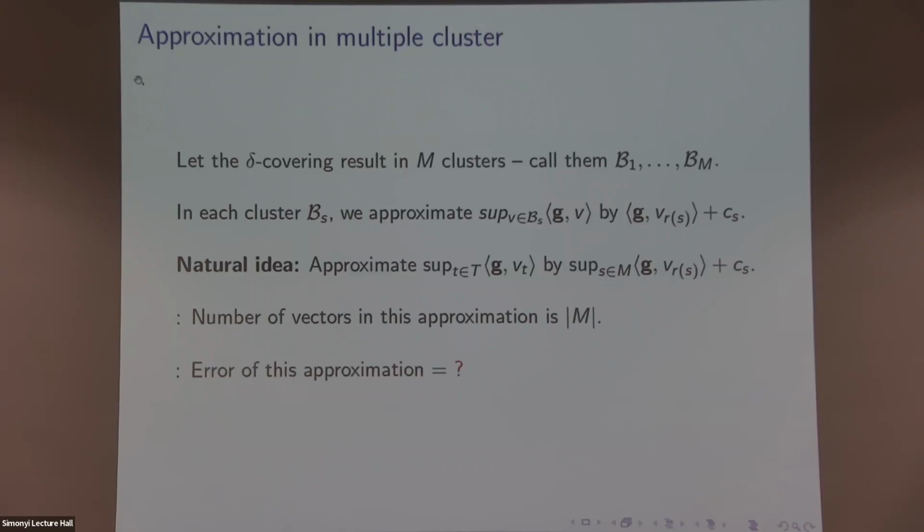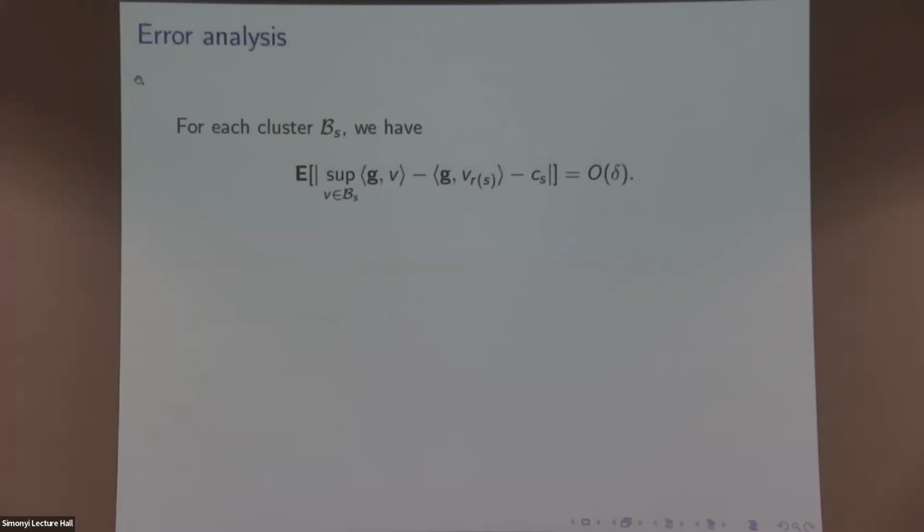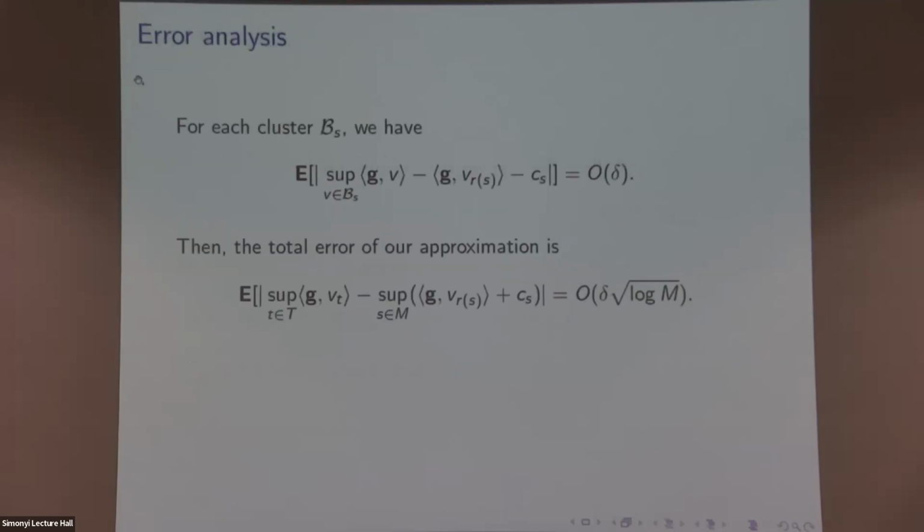And what about the error of this approximation? I have not put any bound on the total number of clusters, and I don't know what the error of this approximation would be. Within each cluster, the error is delta.